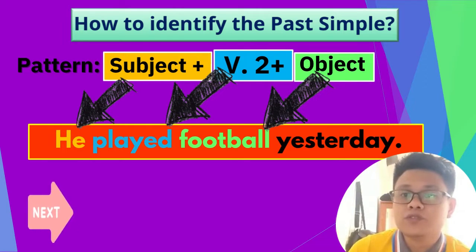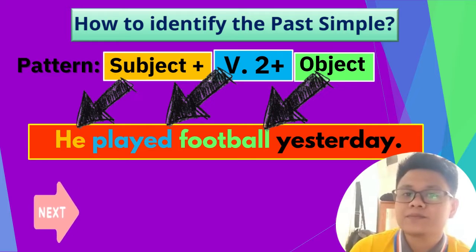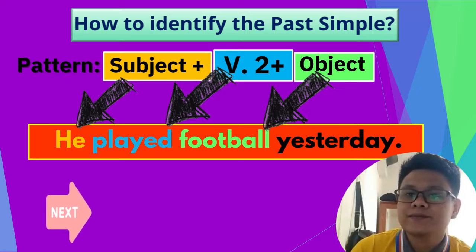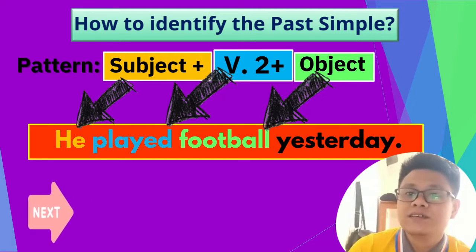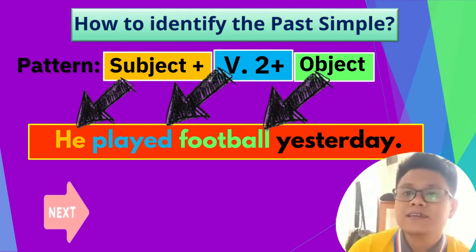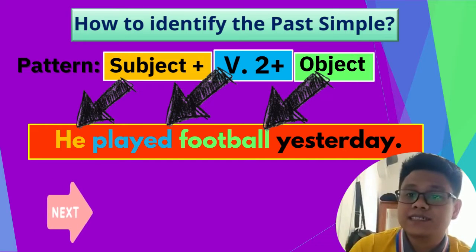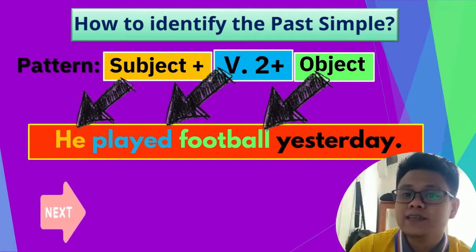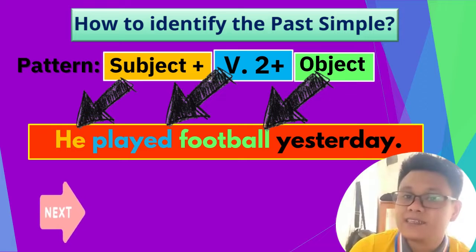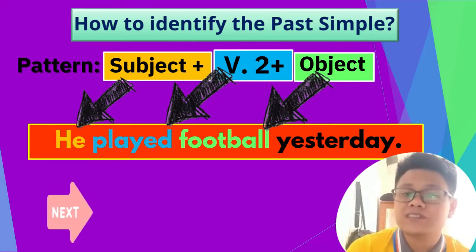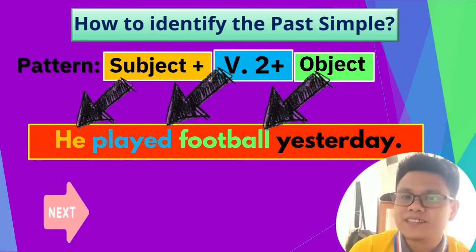He played football yesterday. So the subject is he, the verb is played, and the object is football. As you can see, the verb, which is the action word, the word played, is already changed into past simple tense.